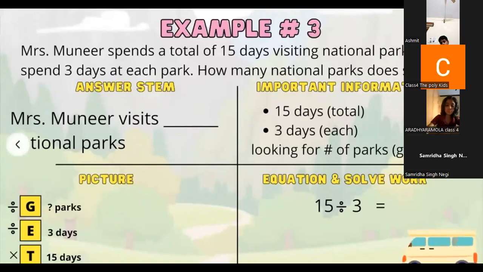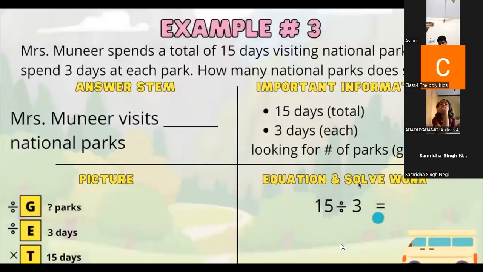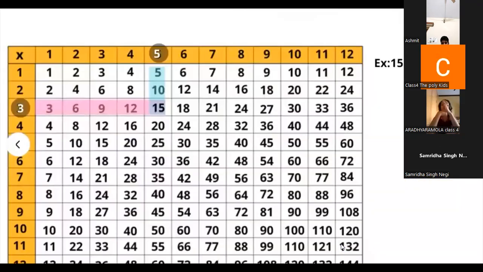If you notice on our picture model, we cannot draw the groups because we don't know how many groups. But let's go ahead and solve the equation first, which is 15 divided by 3. To solve the equation, we will go ahead and use our multiplication chart.